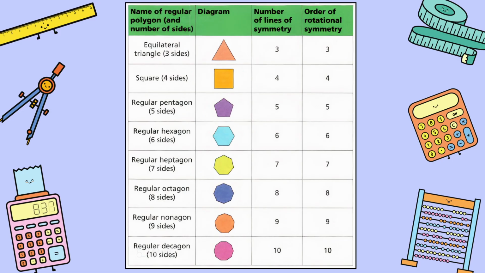So in this slide, we are now going to look at different types of polygons, and then we are just going to explain a little bit on their properties.